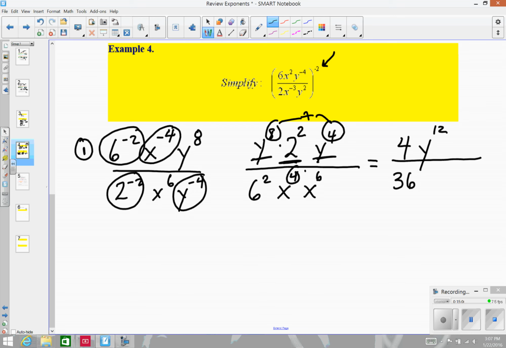Add my exponents with my base of x, and I get x to the 10th. Now my 4 over 36, they have a common factor of 4, so I'm going to divide 4 into both of these, and I end up with y to the 12th over 9x to the 10th.